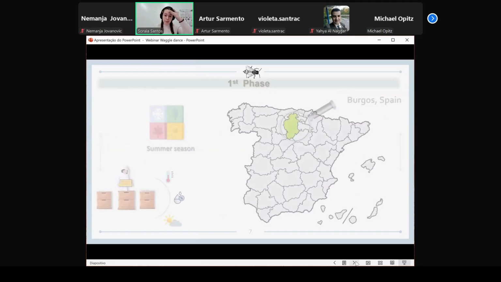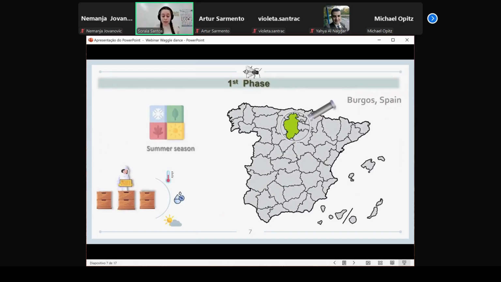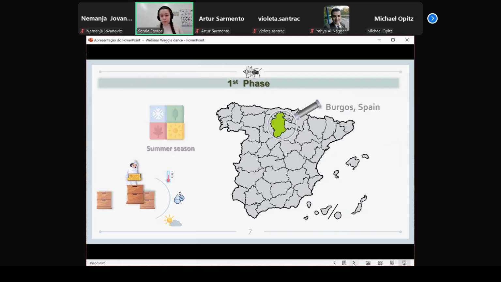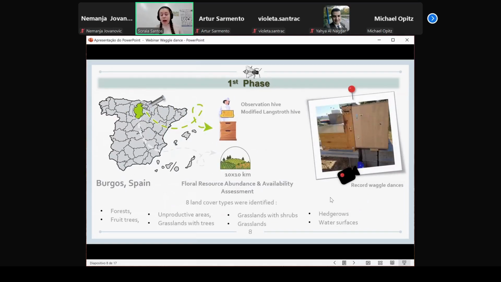So this work can be divided in two main phases. The first one was in the field during the summer of 2018, and an apiary and a meteorological station were installed in this region in Burgos. One of these beehives was a modified Langstroth hive for the observation and the waggle dance video recording.